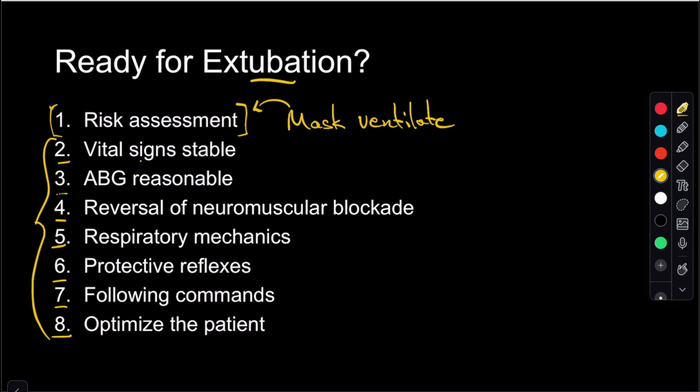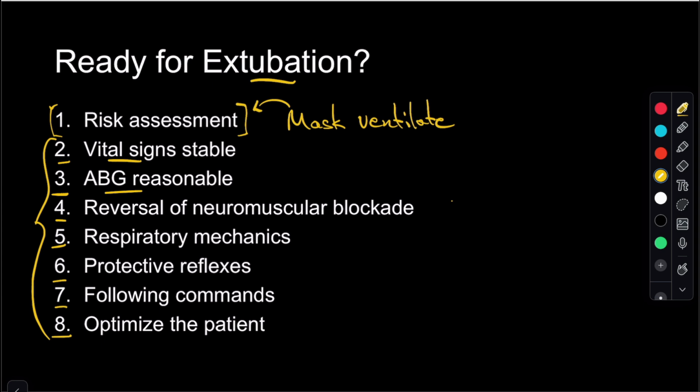Then assess vital signs to see if those are stable. An arterial blood gas should be reasonable if you had a large surgery and this was something that you were monitoring. And then reversing the neuromuscular blockade is going to be essential because the patient will need their respiratory muscles functioning to be able to self-ventilate.